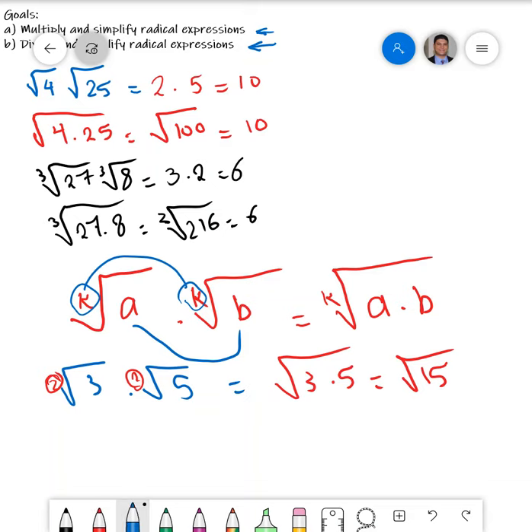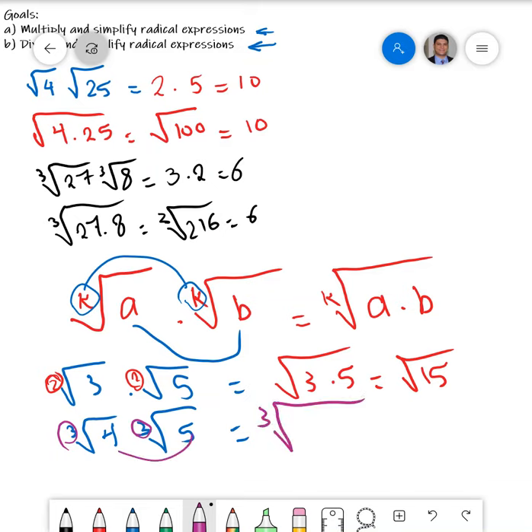Another example, third root of 4 times third root of 5. So here we have the same index, so we can keep the root and multiply radicals.